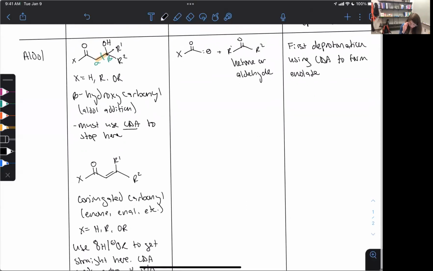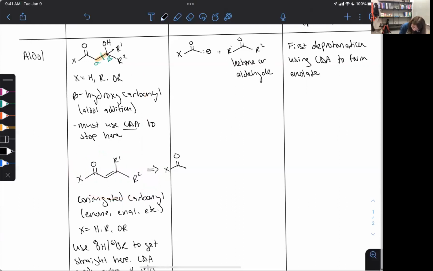In this one, we're doing a very similar process where we're going from this to that. So the beta hydroxy ketone is essentially the first step backwards when you're thinking retrosynthetically.